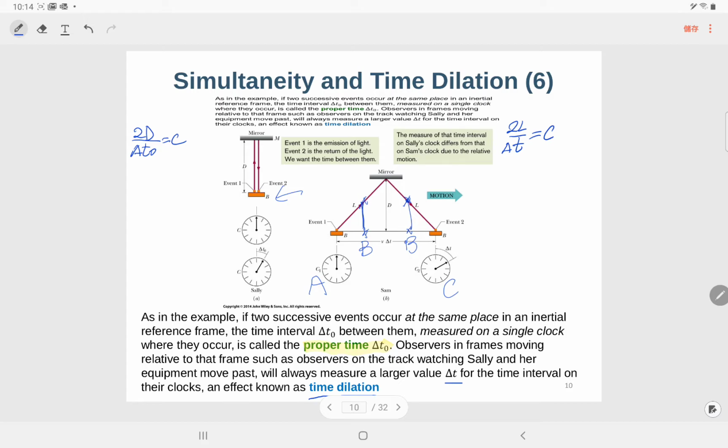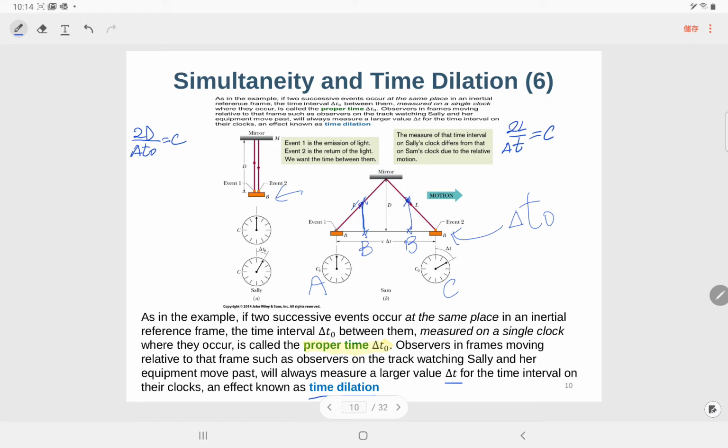It doesn't feel like the light has moved for a part of L. Actually, it feels like the light moving upward, barely upward. So actually for B, it will feel like it only passes for delta t0.